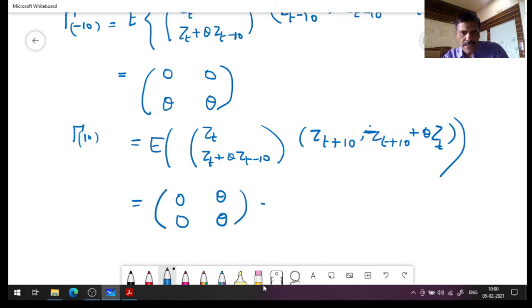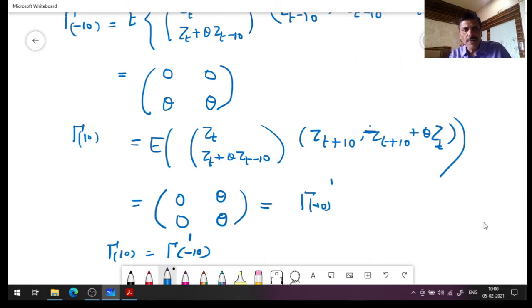Now you can see that this is gamma of minus 10 prime, because you take the transpose of that. We can see that gamma of 10 is equal to gamma of minus 10 prime.